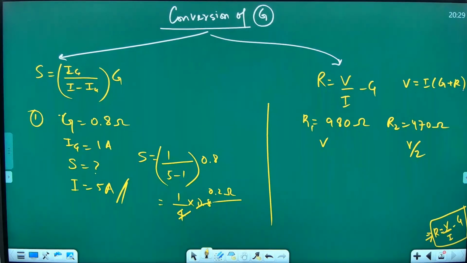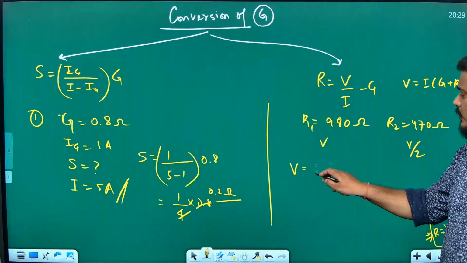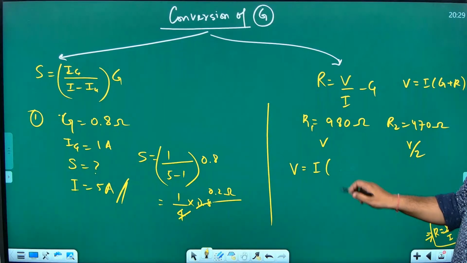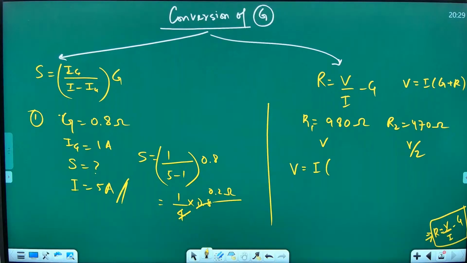This is the formula. So in the first case, V is equal to I into G plus 980. What are they asking to find in this question?